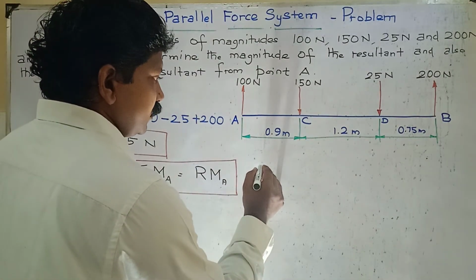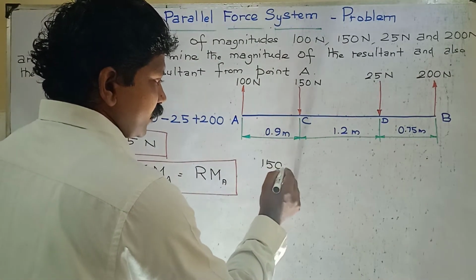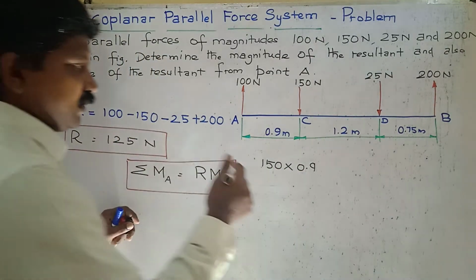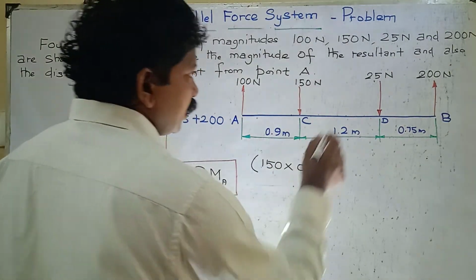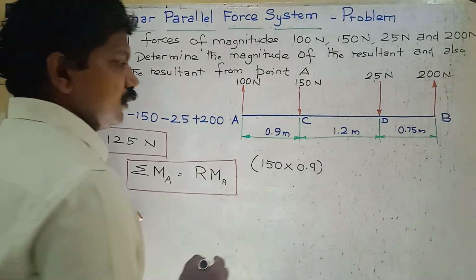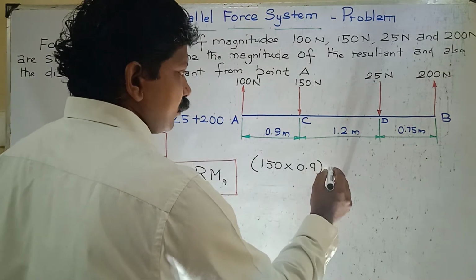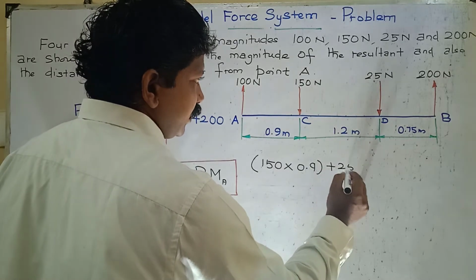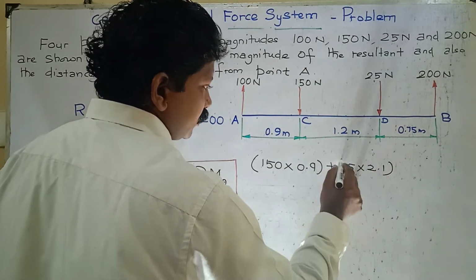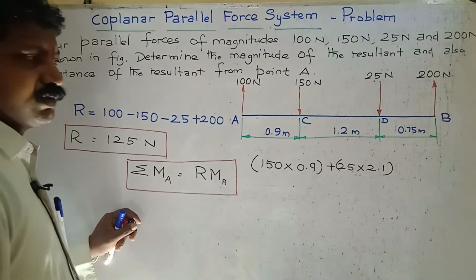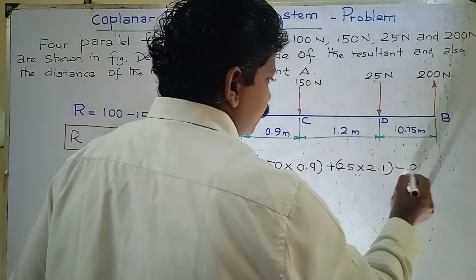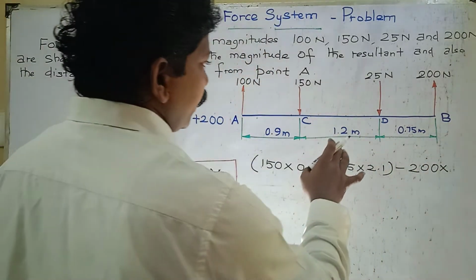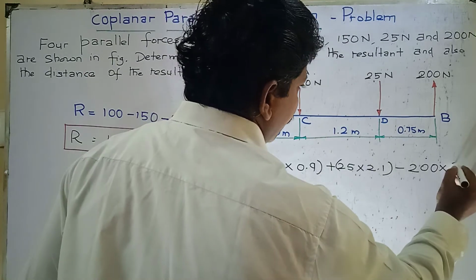So 150 into 0.9 meter, clockwise direction, positive. 25 into 2.1, clockwise direction, positive. Minus, anti-clockwise direction, 200 into 2.1, 2.85.